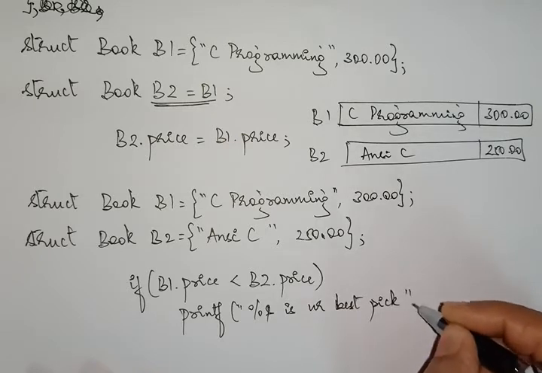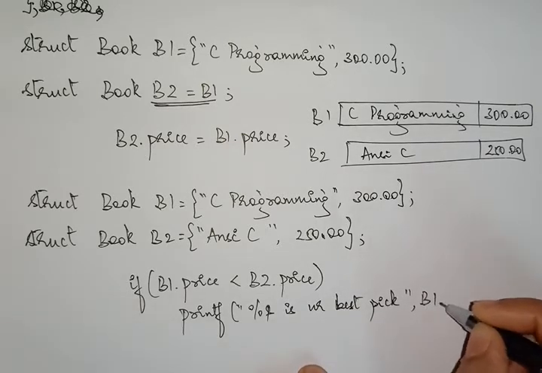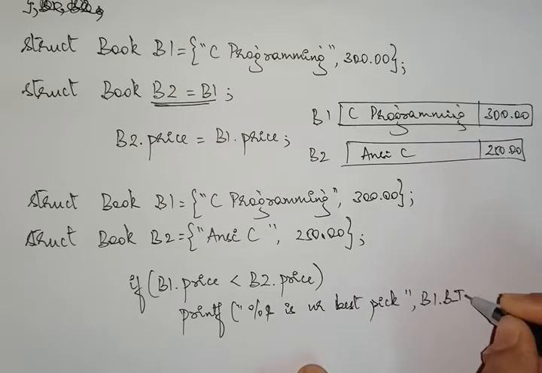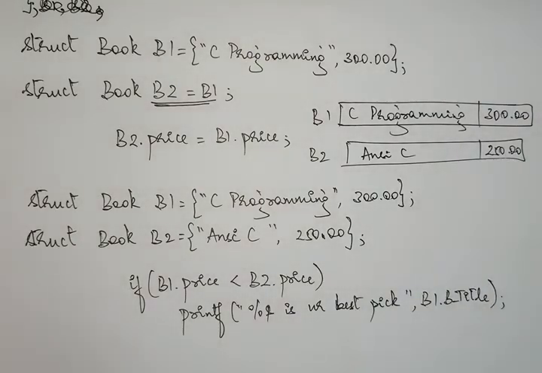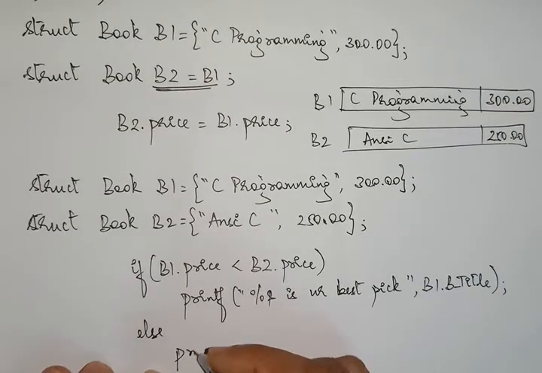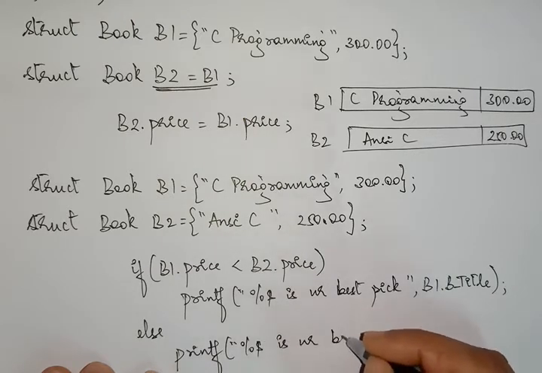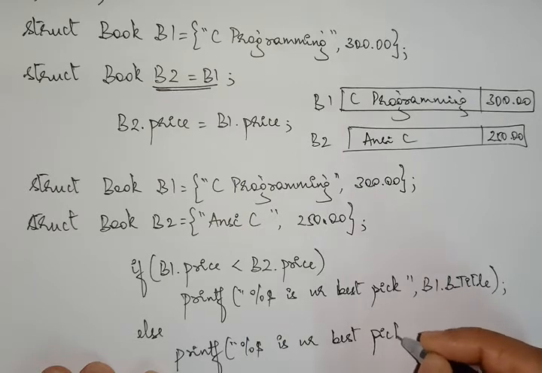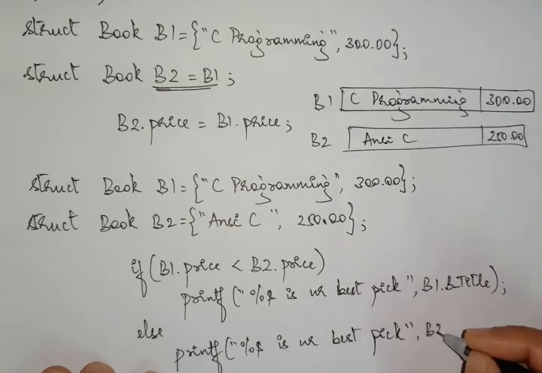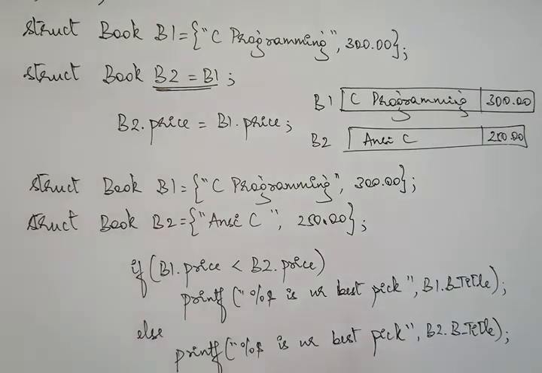You can give B1 dot b title, so that prints which book he has to pick. Else it's understood that B2 is the book the customer is looking for, so B2 dot b title is your best pick. So this is how you compare two structures.